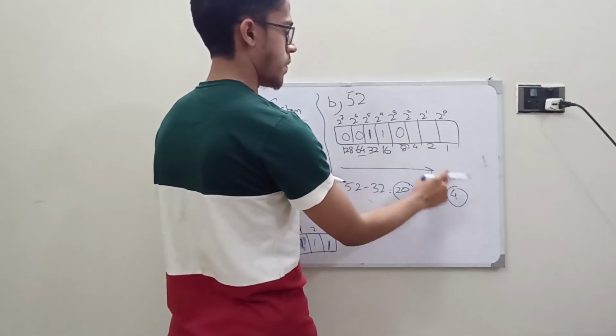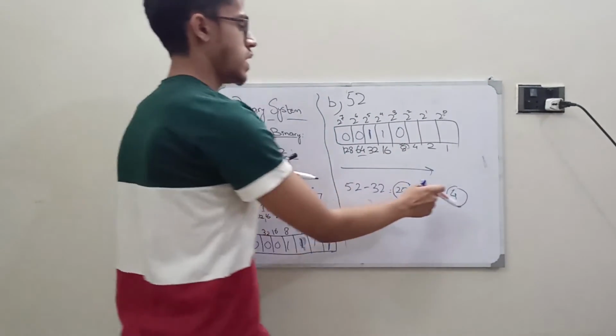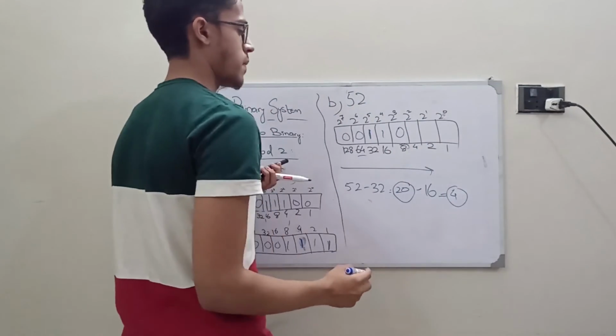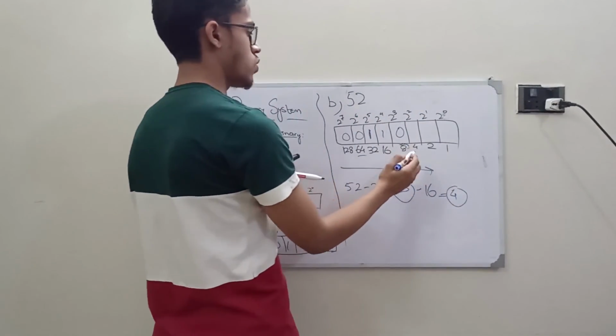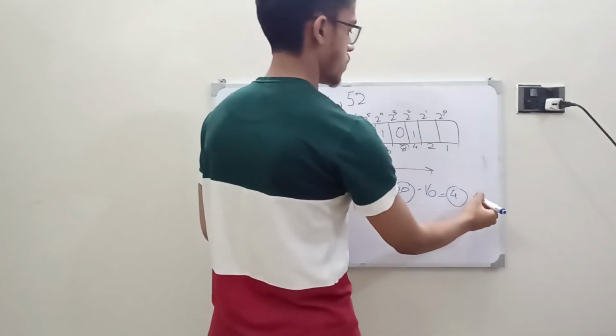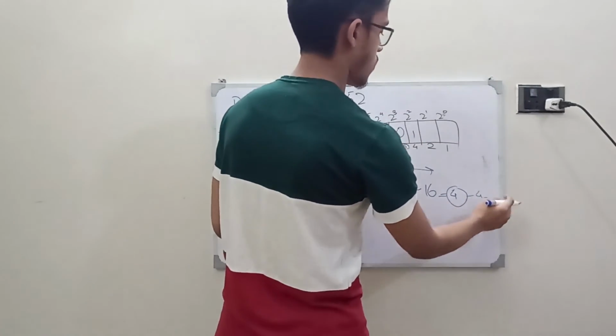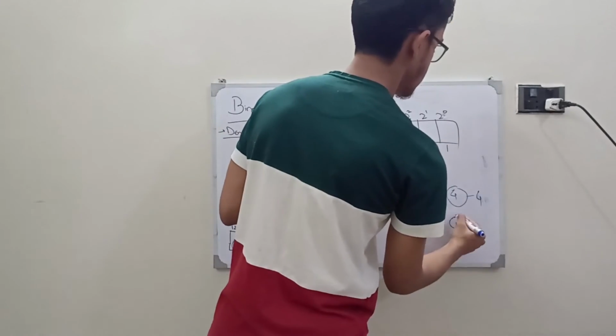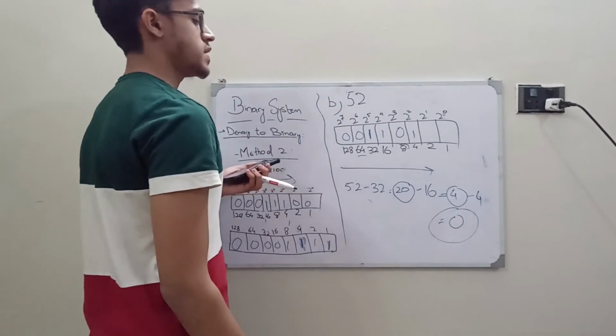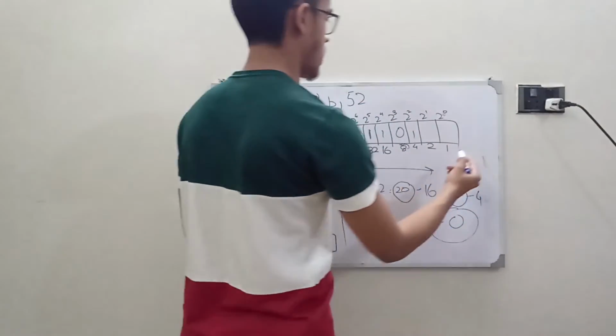Next, if we compare 4 with 4, it's of course equal, and as I said, the number can be equal, not necessarily greater. So since it's equal, we will place 1 here. If we subtract this 4 from this 4, it becomes 0, which means that we do not need any more 1s.